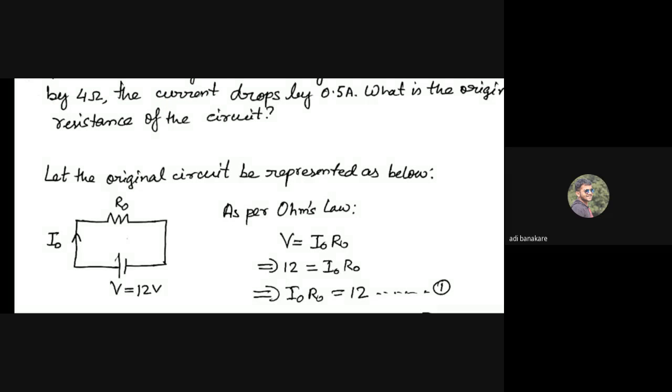When resistance is increased by 4 ohm, that is R naught plus 4, and the current drops by 0.5 ampere, that is I naught minus 0.5, then as per Ohm's law there is a new equation, V equals IR. Just put those values in V equals IR. Everyone understood?